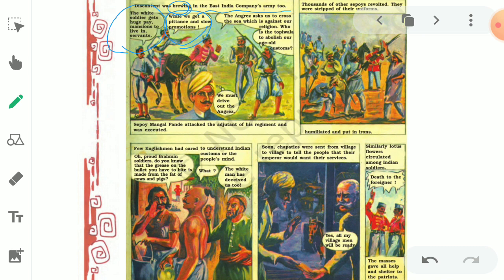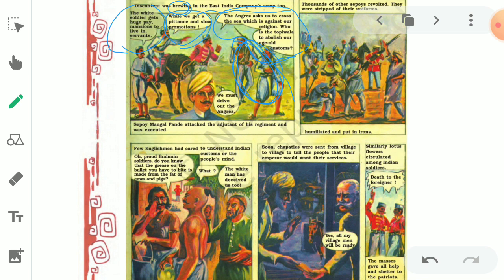their promotions and all. The Angrez asks us to cross the sea, which is against our religion. Who is the Topiwala to abolish our age-old customs? See, in the Indian army, the people who worked in the army were Indians and also British people.